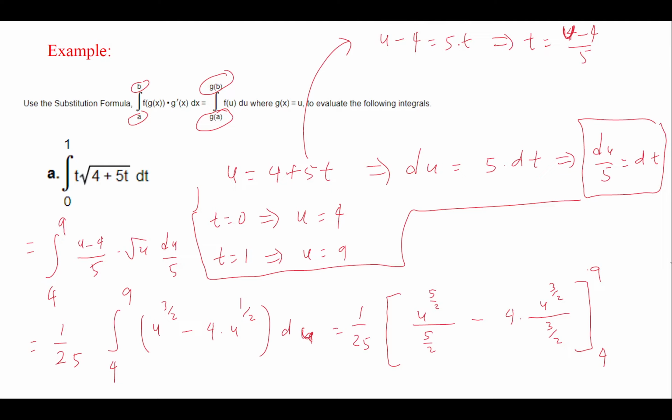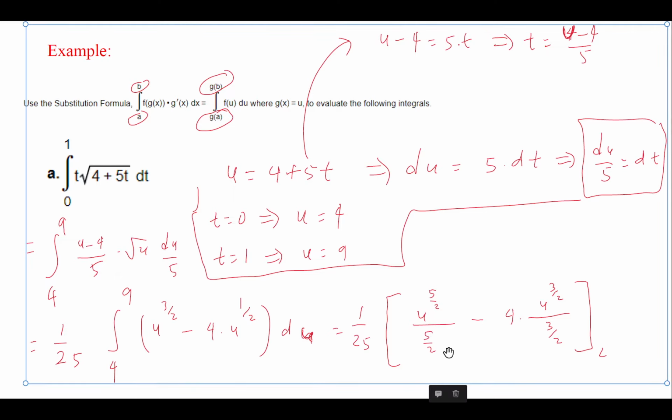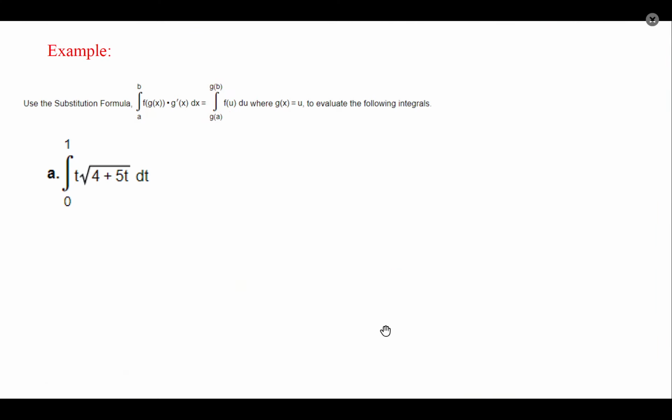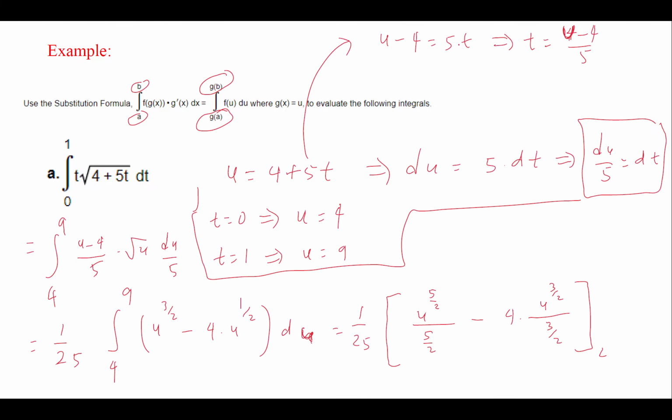We have to use this 5 over 2 as 2 over 5, and this 3 over 2 as 2 over 3, just the simplified form. I don't have the space here, so I'm going to flip this to 2 over 5 and 2 over 3, and just continue from here.